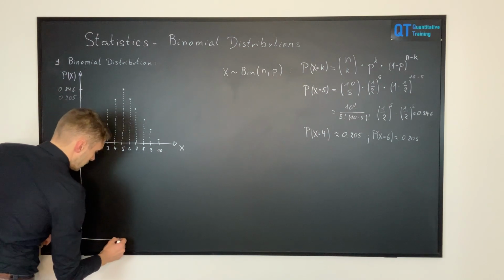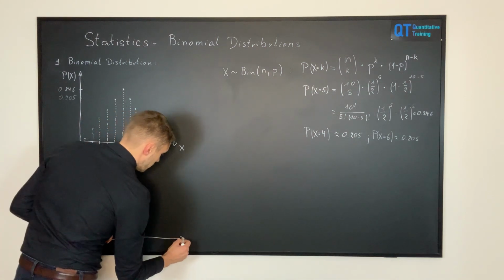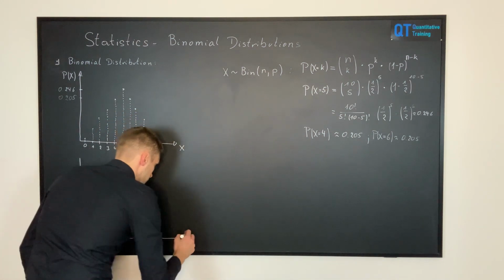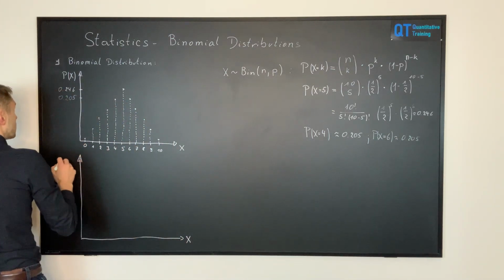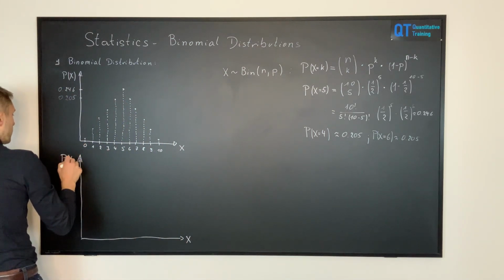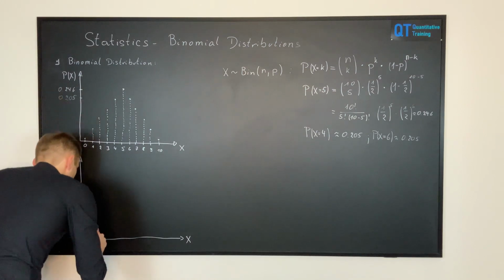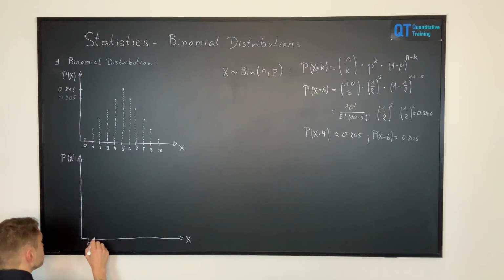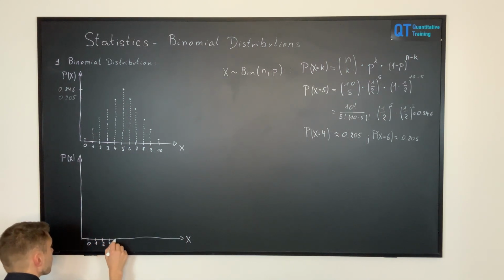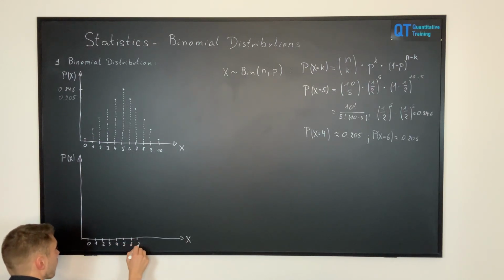And here again you can easily do the math, but what I'm going to do here is provide you the graph. So again you have the random variable x here, and here you have the associated probabilities. And again you flip the coin 10 times, so you have to put on the random variable values here, 9 and 10.